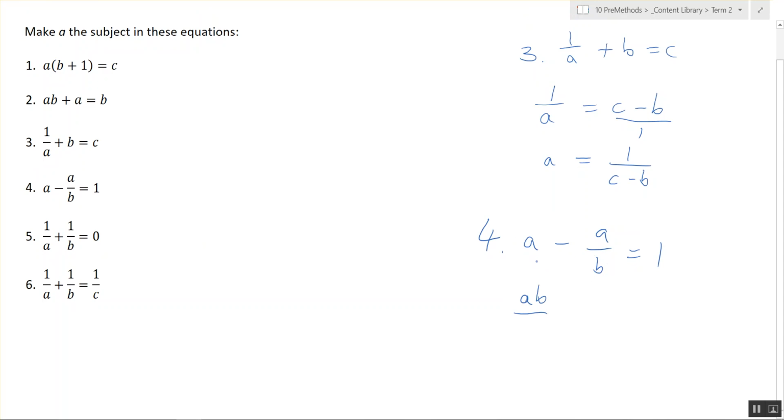So we're going to times both the top and the bottom. So this is a over 1. We're going to times the top and the bottom by b. This stays the same, and this stays the same. We now have ab take a over b.